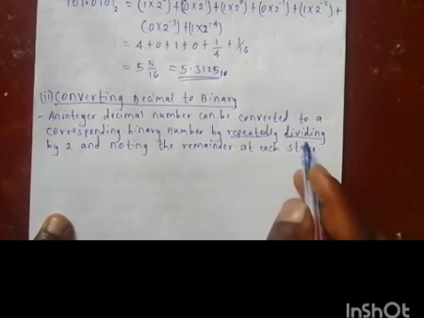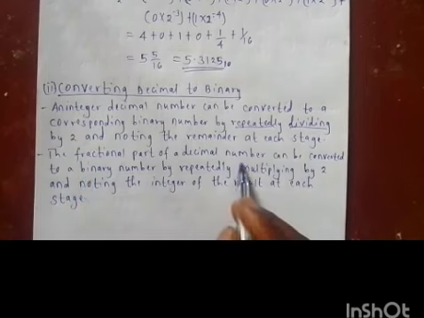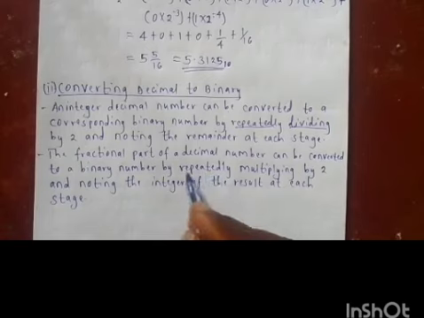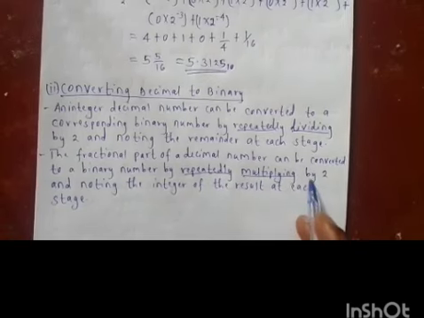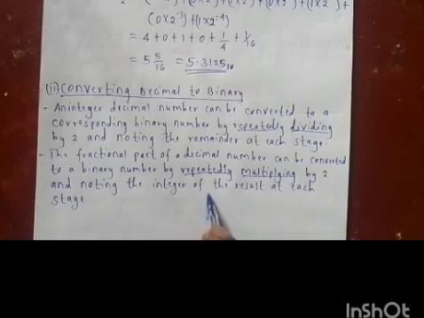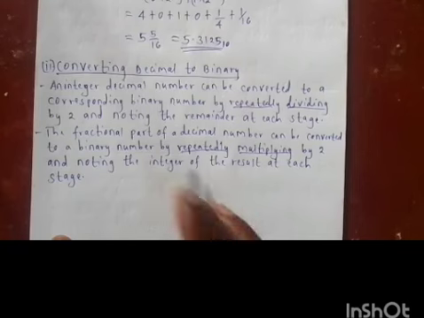On the other hand, the fractional part of the decimal number can be converted to a binary number by repeatedly multiplying by 2 and noting the integer of the results at each stage. So we are going to look at some examples that will help us understand this process.